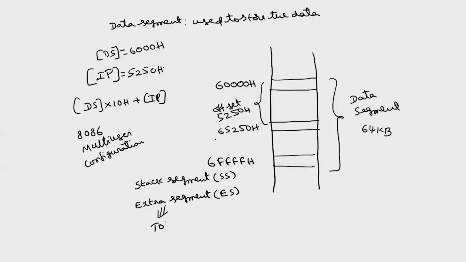Or, as I have told, in a multi-user configuration, if two users want to share common data, that common data can also be stored in the extra segment. So the extra segment can be used for storing excess data and also shared data among multiple users.